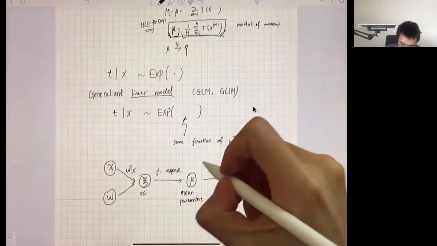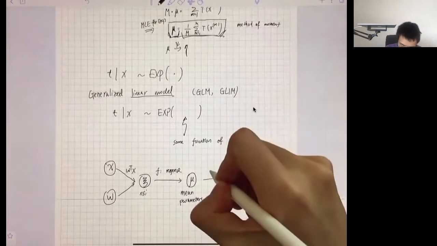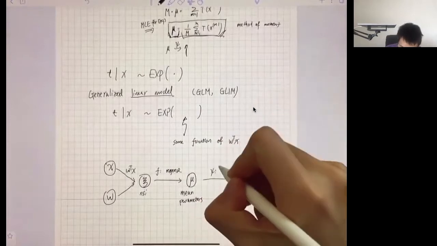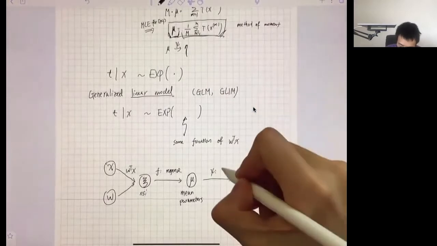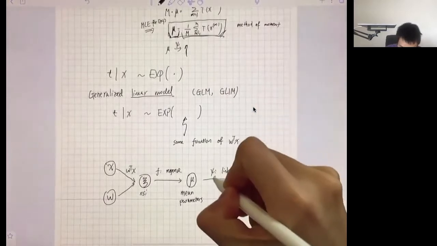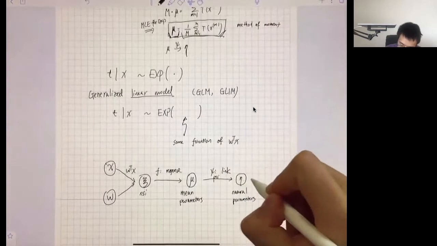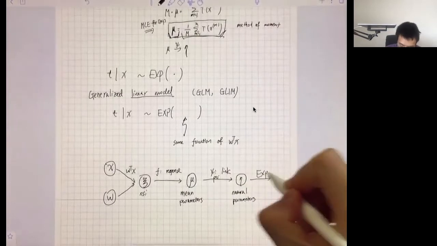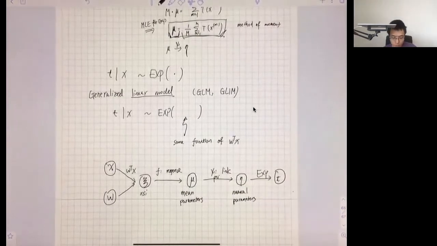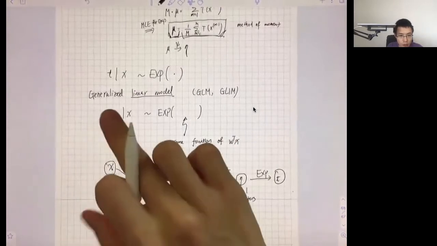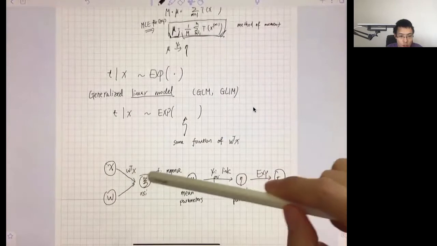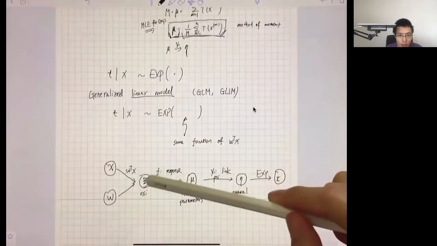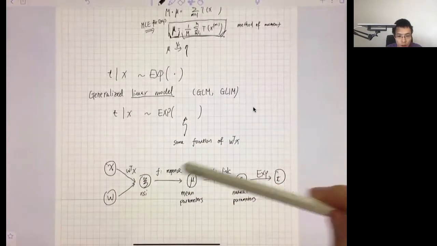And this is called psi, which is called the link function, psi. And based on my natural parameter, I define my exponential family for T, okay? So this is the development of a generalized linear model. Basically, it says my data enters the model by linear transformation, and then I have a response function mapped to the mean parameter.